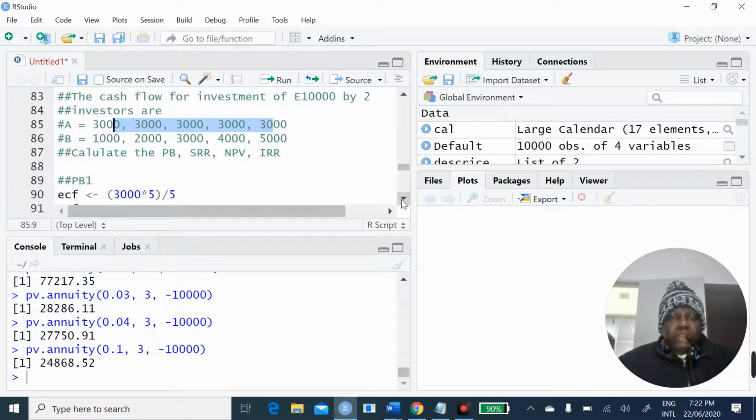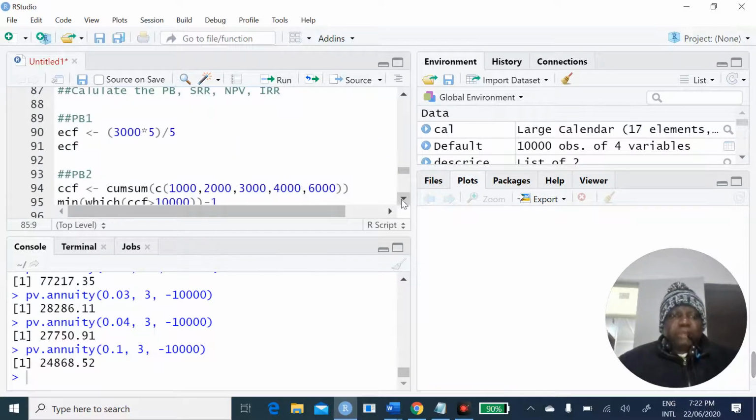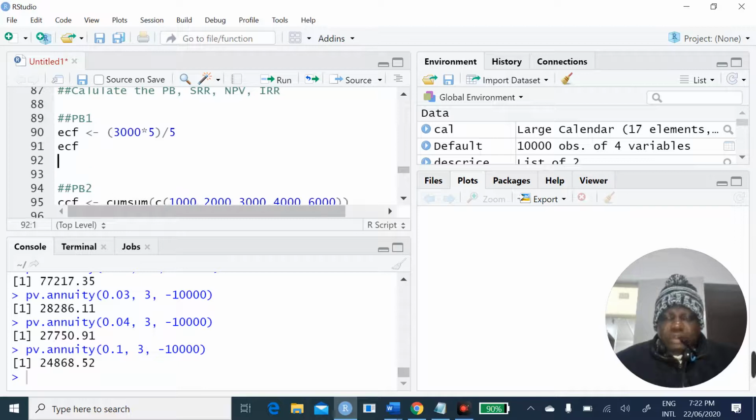And the payback period will now be what? The payback period will be 10,000 divided by that. So that's P, let us call it P1.